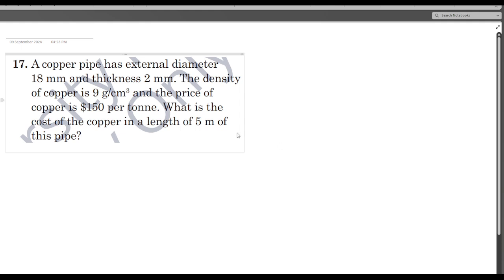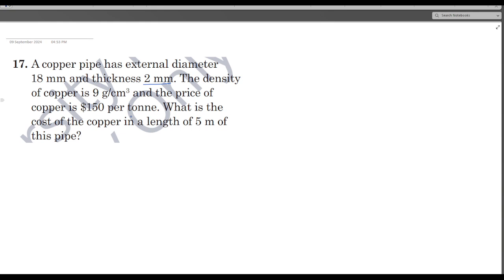Now 17th question. A copper pipe has external diameter 18 millimeter and thickness of 2 millimeter. The density of the copper is 9 gram per centimeter cube and the price of copper is 150 per ton. What is the cost of copper in a length of 5 meter of this pipe?